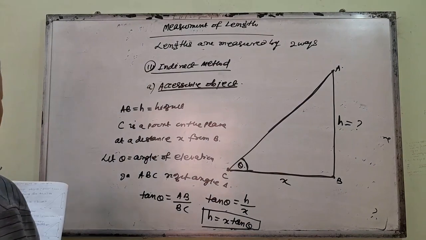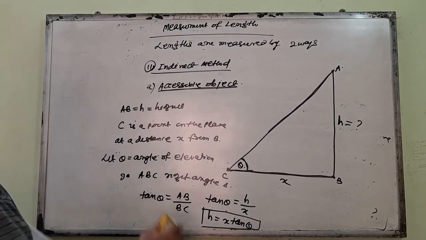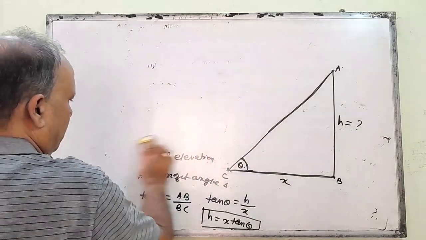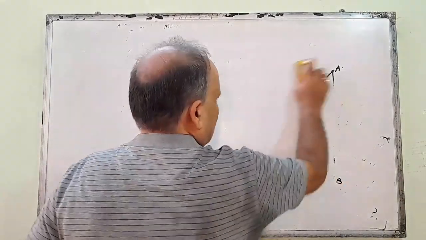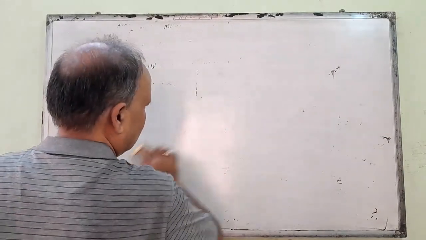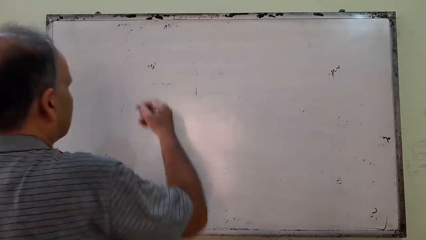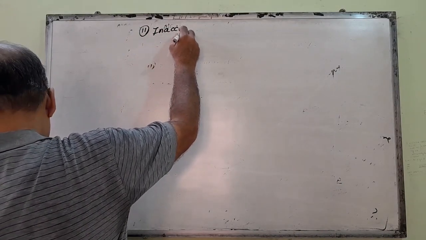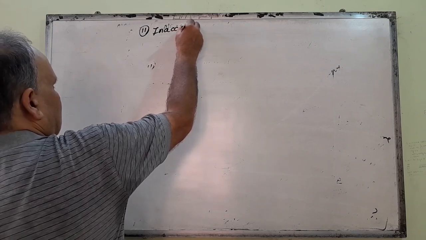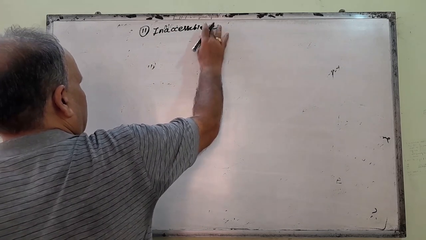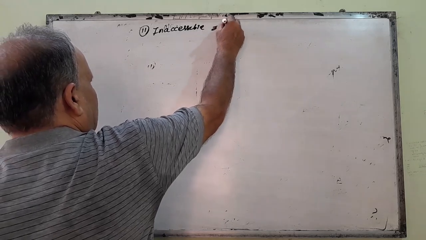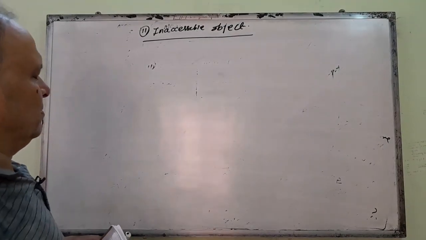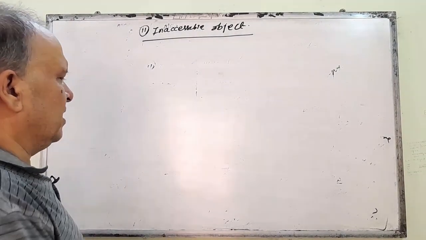Next come to another, that is for inaccessible object. Inaccessible objects are far away from you, like a mountain or any other or distant star.